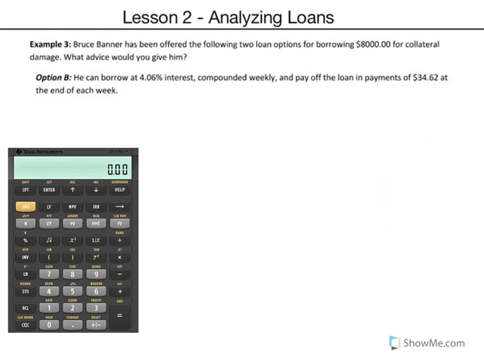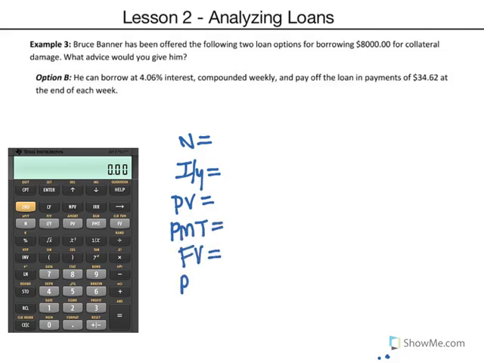Alright, option B, same thing. We got to put our N, IY, present value, payment, future value, payments per year, compounds per year. So our interest per year is 4.06.